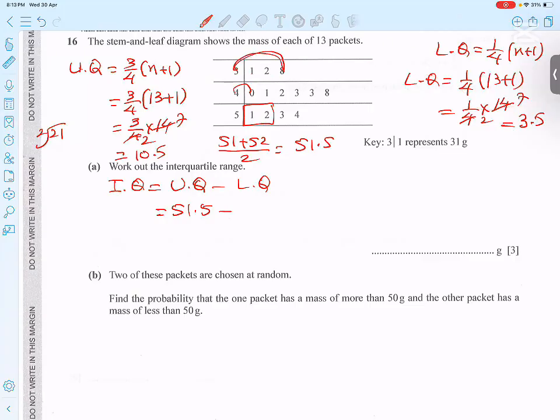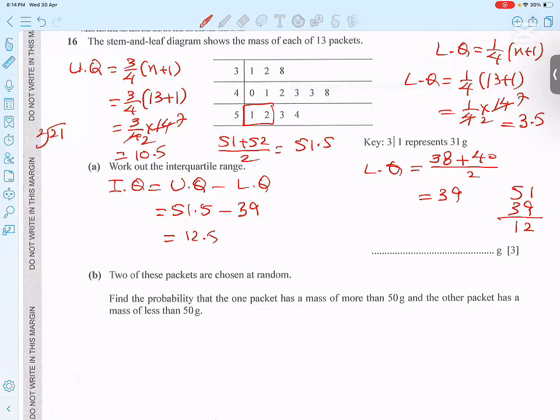So this is 38 and this is 40. The average of 38 and 40, 38 plus 40, take the average of them, is called the lower quartile. And I got 39. So from 39, let's try to subtract. So now if I subtract 51.5 minus 39, I got 12.5.